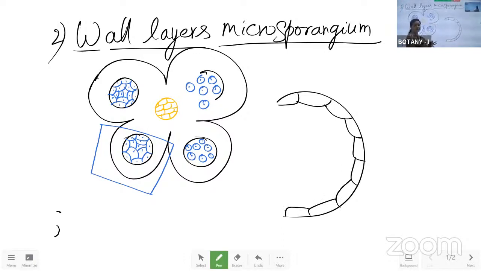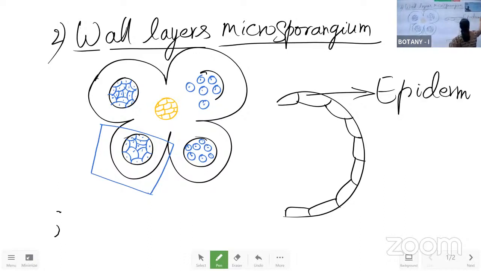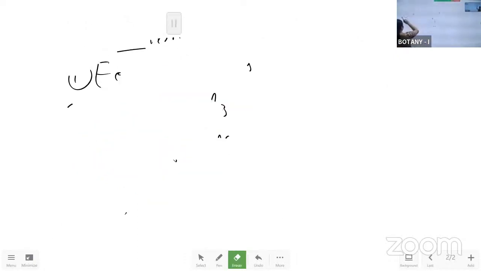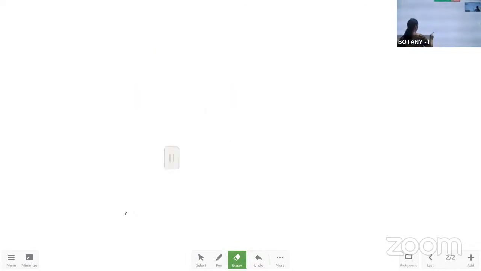The first one is the epidermis. Epidermis is the outermost layer for the microsporangium, that is for the anther, which is protecting the anther from the outside environmental conditions. And this epidermis is made up of simple parenchymatous cells. I will write the words over here, what I am using now.